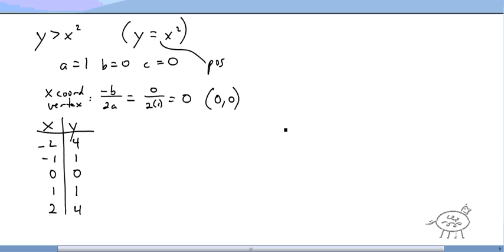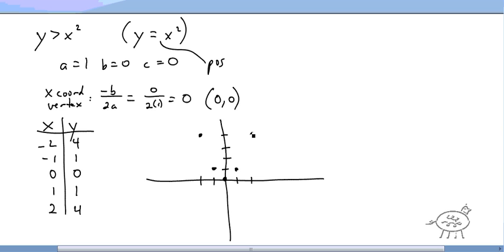All right, so let's make the graph. It's (-2, 4), (-1, 1), (0, 0), (1, 1), and (2, 4).